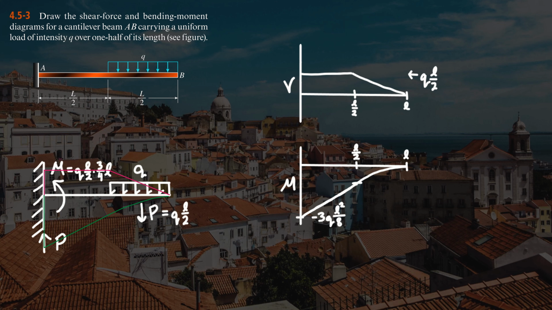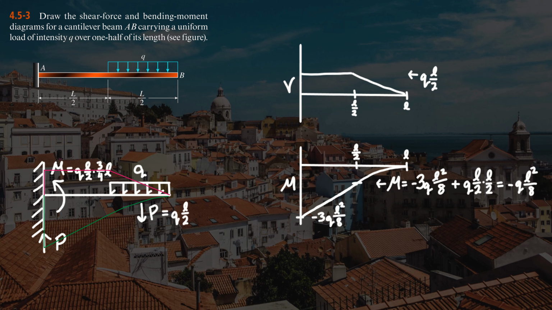Anyways, we go up by our magnitude, Q over L halves times this distance, L halves, once we've reached that distance of L halves. And that's how we get our new magnitude there.